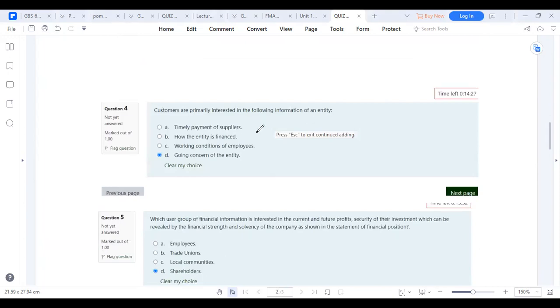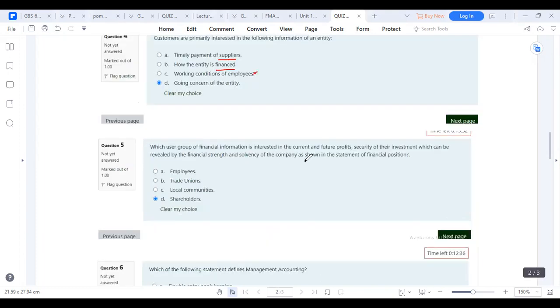Number 1, timely payment of the suppliers. No, this one is for the suppliers themselves. How the firm is financed. No, these are the functions of financial accounting. The going concern of an entity, yes, to know whether they'll be given assurance that the monies will be paid. Working conditions of employees, no.